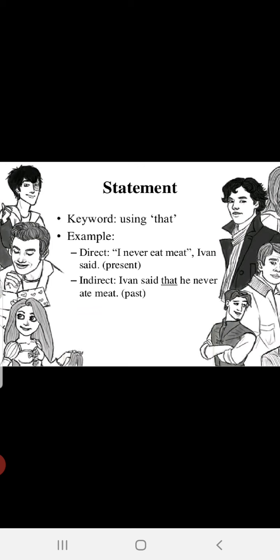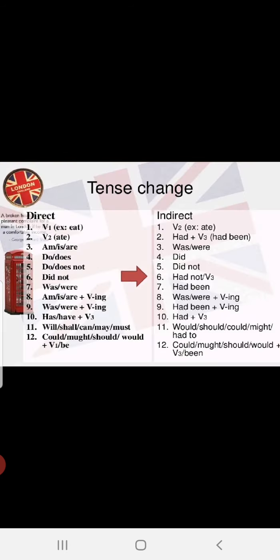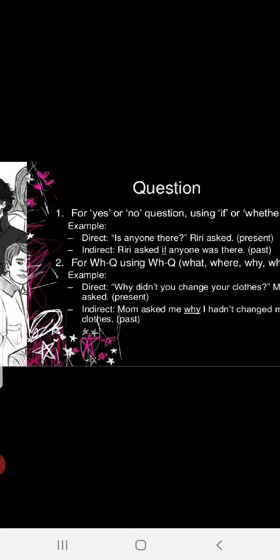Direct speech: I never eat meat, Yvonne said. Tense is present. In indirect speech, Yvonne said that he never ate meat. See, eat became ate. You can go back to the slide and you can see V1 changing to V2. Fine children, we changed it.